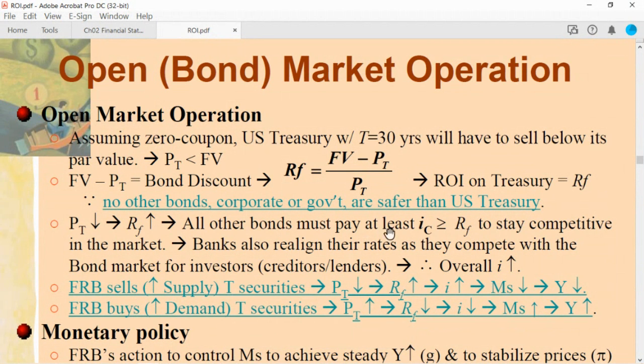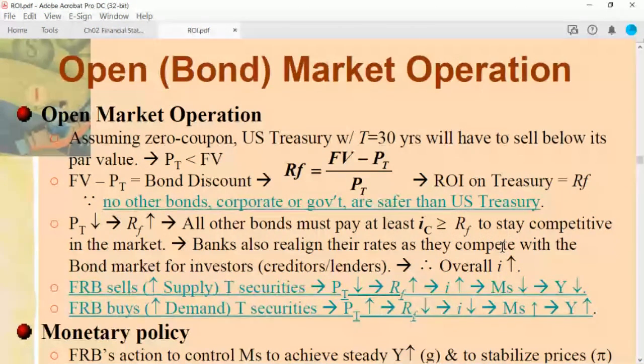Obviously, all other bonds must pay at least something equal to or greater than the risk-free rate. Does that make sense?